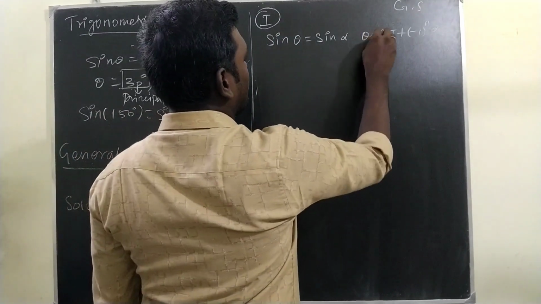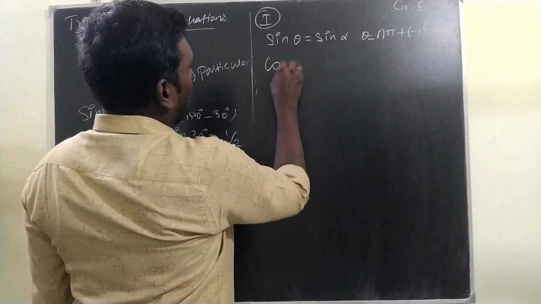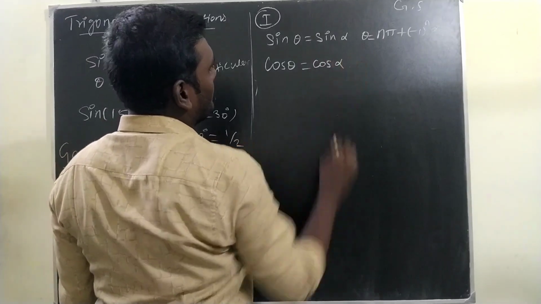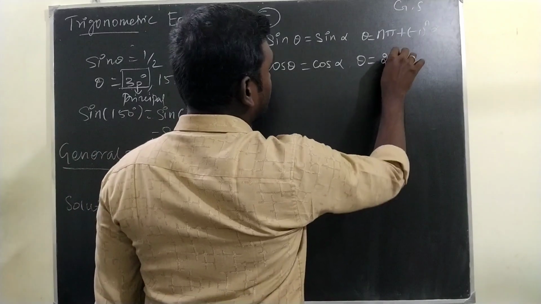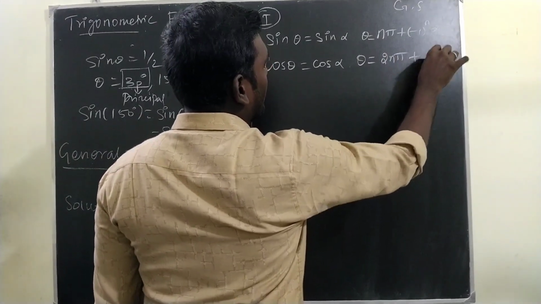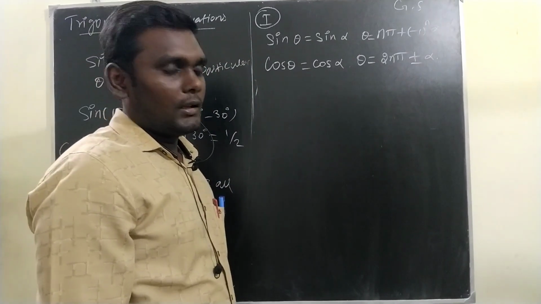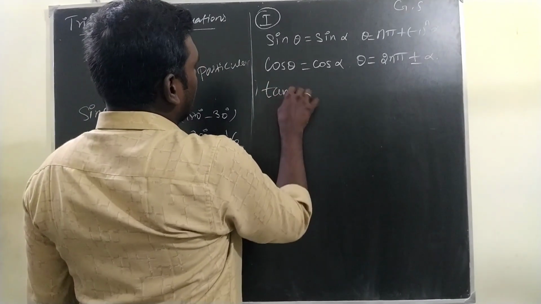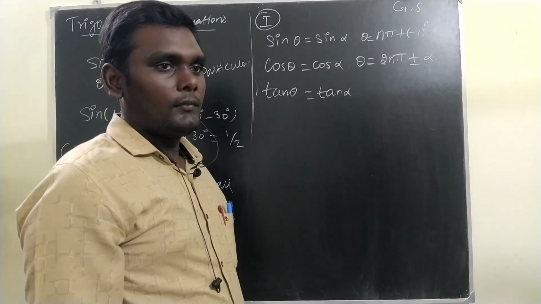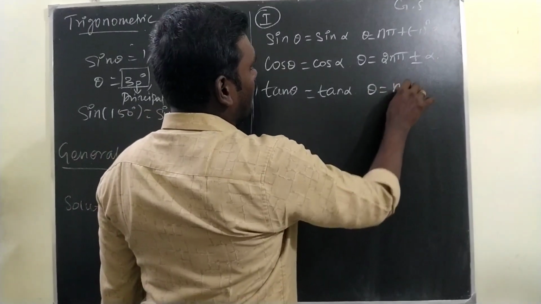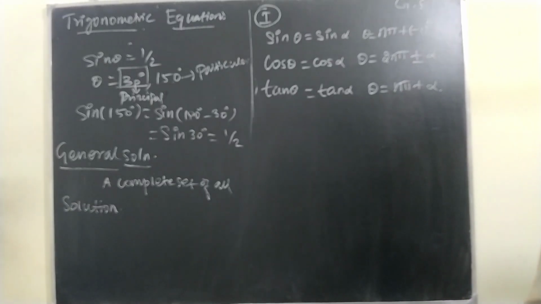Likewise, if you have cos theta equals cos alpha, then theta equals 2n pi plus or minus alpha. And we have tan theta equals tan alpha, then it is theta equals n pi plus alpha. So these are all of the first type.